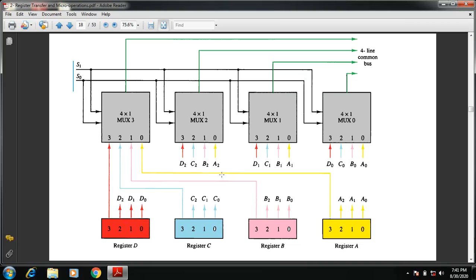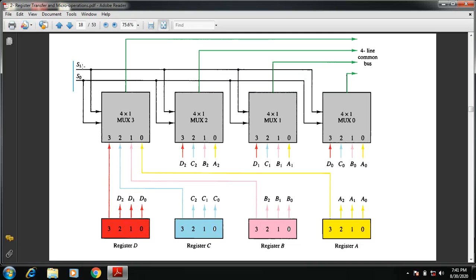These are the information lines connected to the common bus. Register A's A3 goes to multiplexer 3. Likewise, B3, C3, and D3 are connected to multiplexer 3.